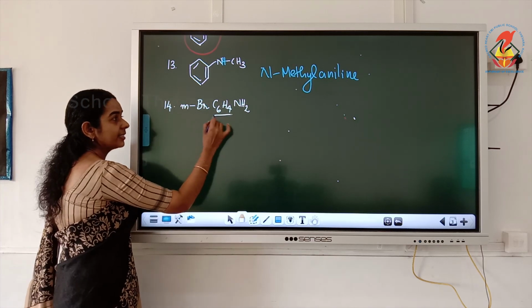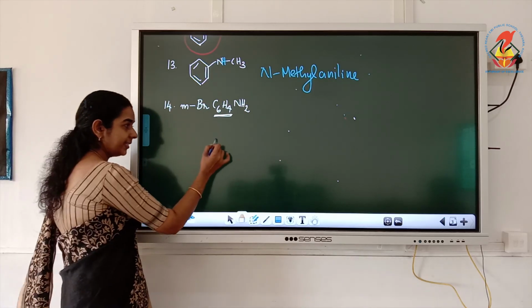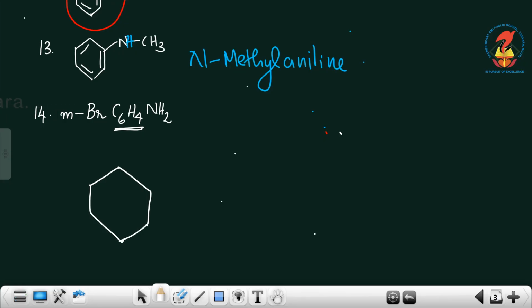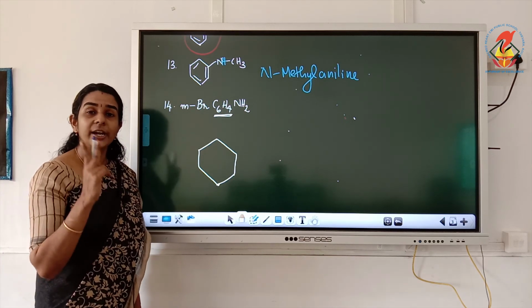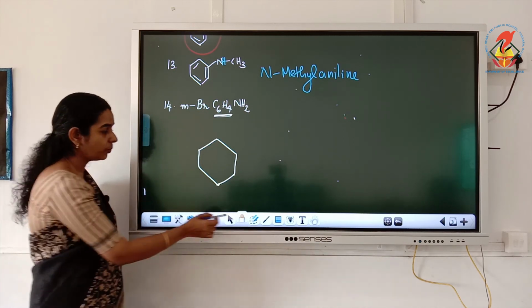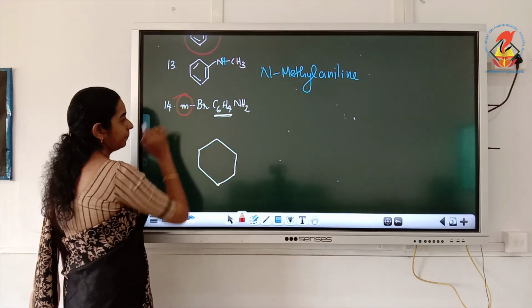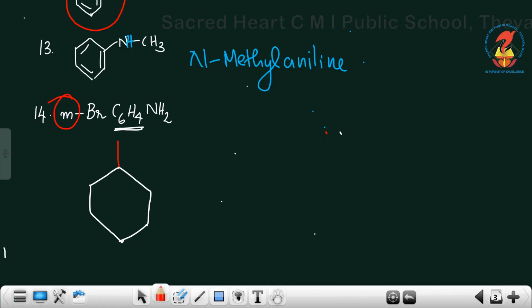Here it is given as C6H4, which means H6 became H4, so there are 2 substituents. The position is represented by m, meaning they are at meta positions. The two branches are bromine and NH2.